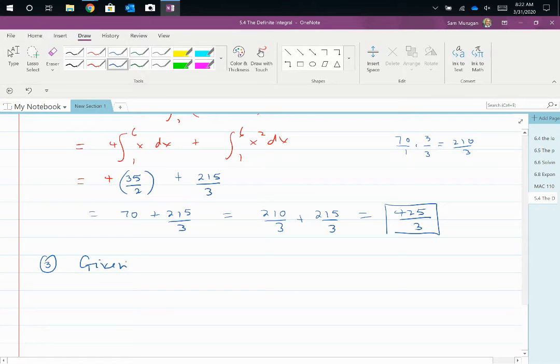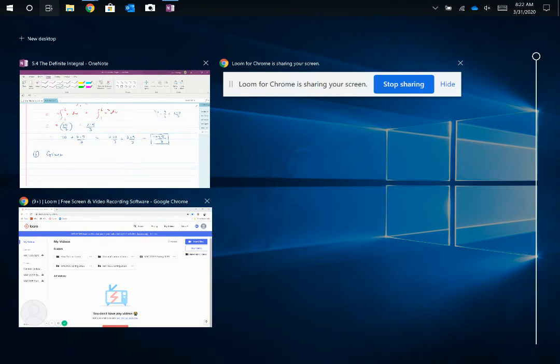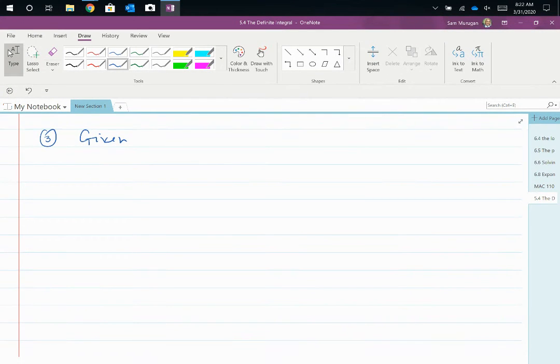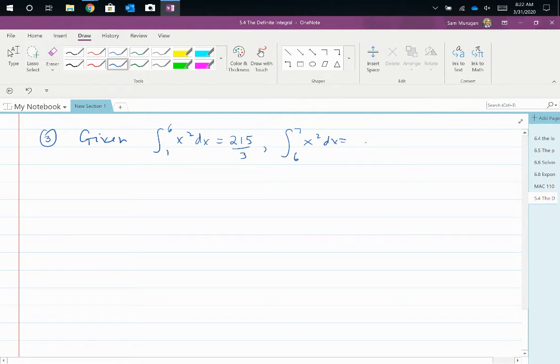Given the integral from 6 to 1 of x squared dx is equal to 215 over 3, the integral from 7 to 6 of x squared dx is equal to 127 over 3, and the integral from 6 to 1 of x dx is equal to 35 over 2.